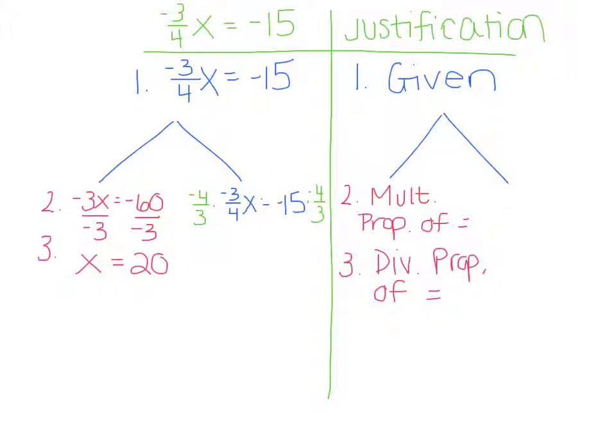And what I end up getting is these cancel out, and I'm left with x equals 15 divided by 3 is 5, or negative 5. Negative times a negative is a positive, and 5 times 4 is 20. So I was able to do that in one step.